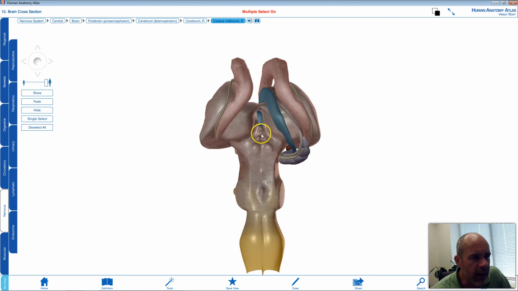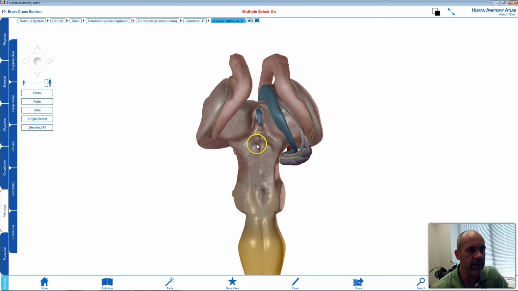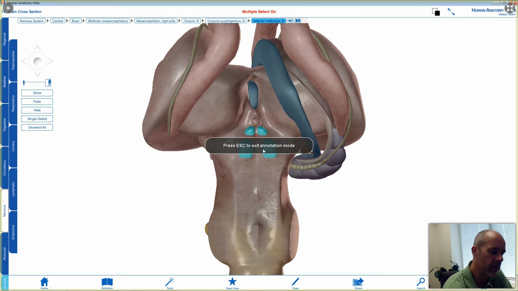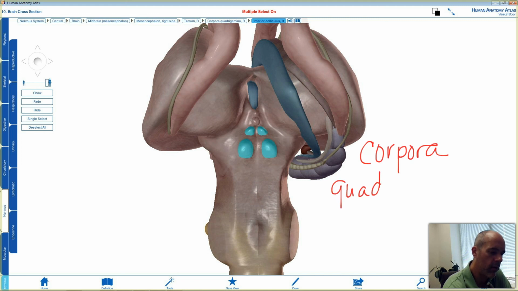All right, that little bump right there, if you remember, is on the back side of the diencephalon, so that's the pineal gland. Okay, so I'm going to deselect that. Let's zoom in a little closer. So you've got a bump right there, a bump right there, a bump right there, and a bump right there. Those four bumps make up what is called the corpora quadrigemina.